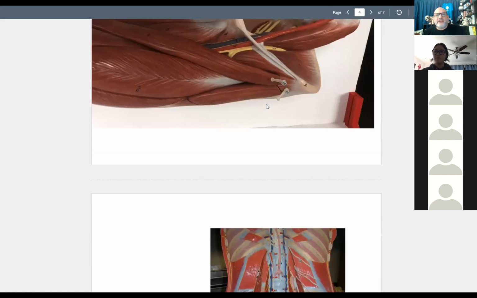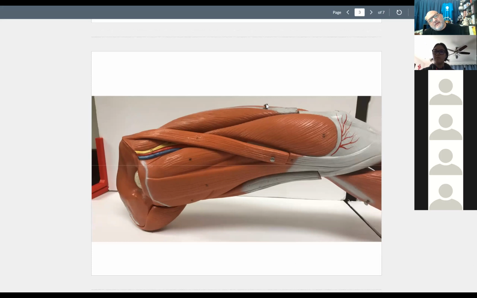All right, but here's what we can do. This is not the best model. We can sort of see from the side. This isn't the best view, but here we can see the deep semimembranosus. And if you look closely, you can see on top of it is the semitendinosus.